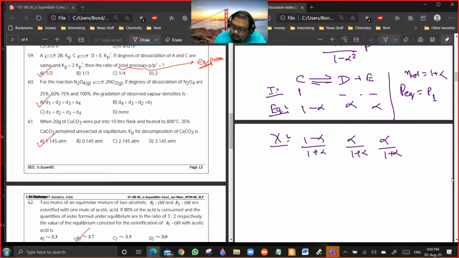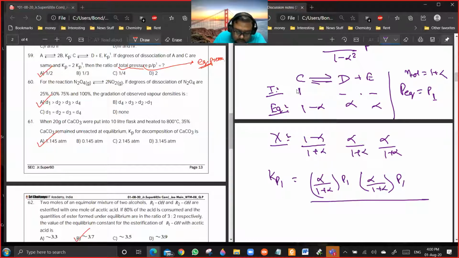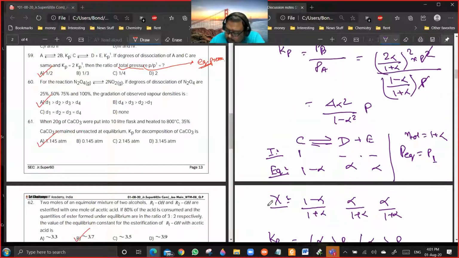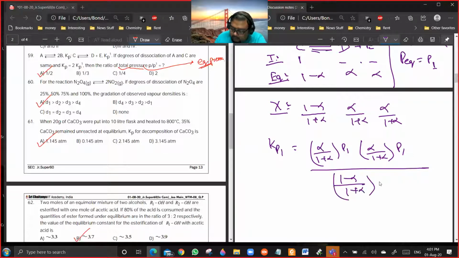Writing Kp1, it will be pressure of D, which is alpha by 1 plus alpha into total pressure P1, times alpha by 1 plus alpha into P1 for pressure of E, divided by 1 minus alpha by 1 plus alpha into P1.